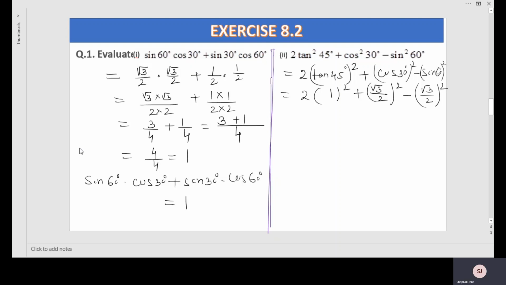So now root 3 by 2 whole square, root 3 by 2 whole square, they both are same, so they got cancelled. Is equal to how much? 2 into 1 is 2. So therefore 2 tan square 45 plus cos square 30 degree minus sine square 60 degree is equal to 2.